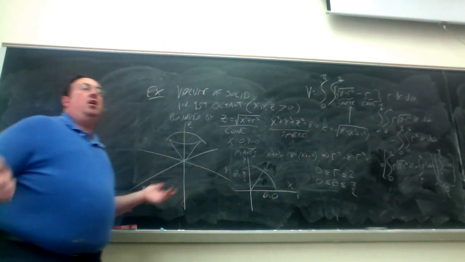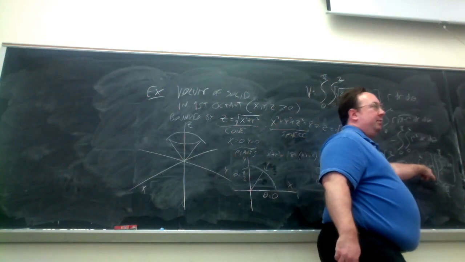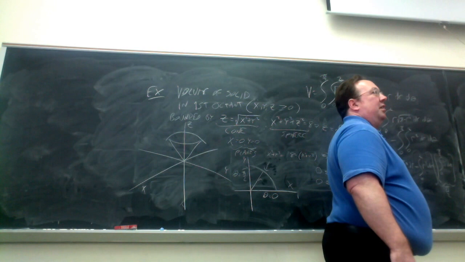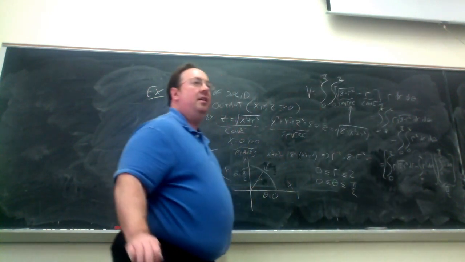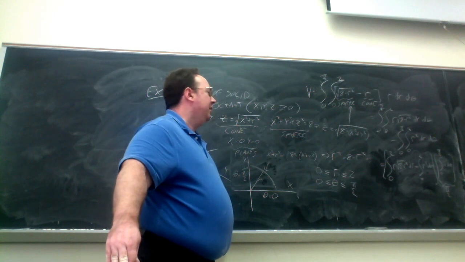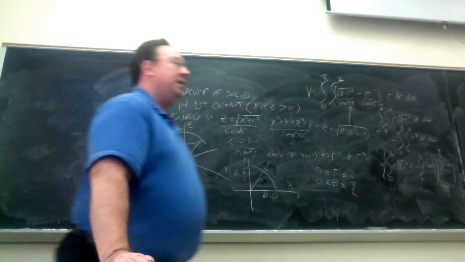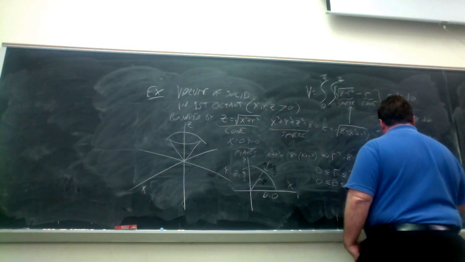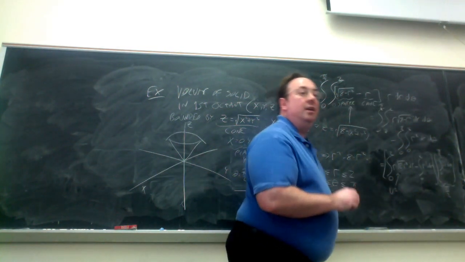Now, what about the r part? This term, not even worth talking about. This term, how do you handle this one? Integration by parts? Not needed. No. We can do it simpler than that. Use substitution. What should the substitution be? 8 minus r squared.